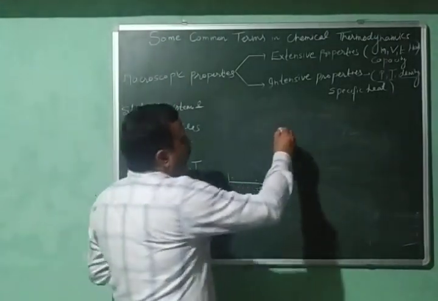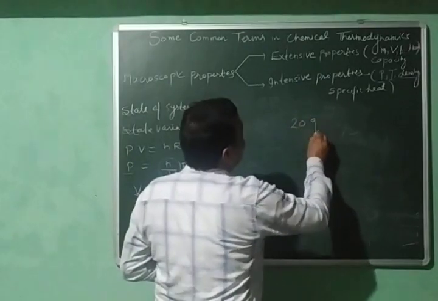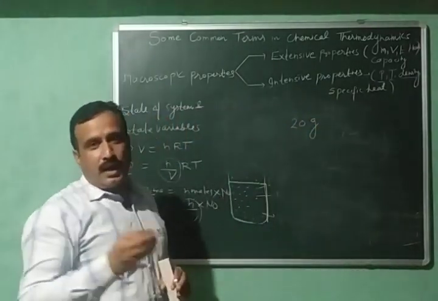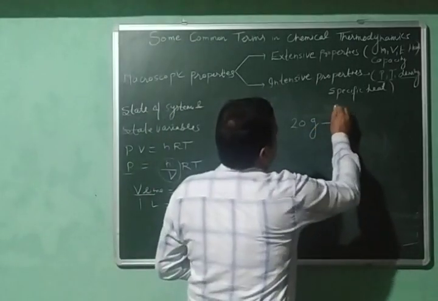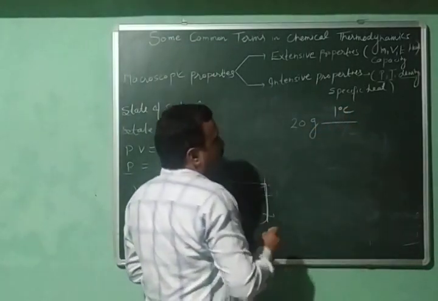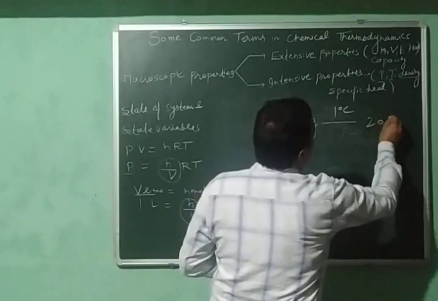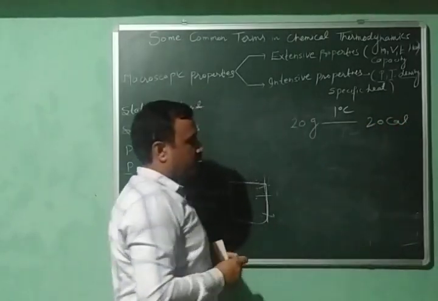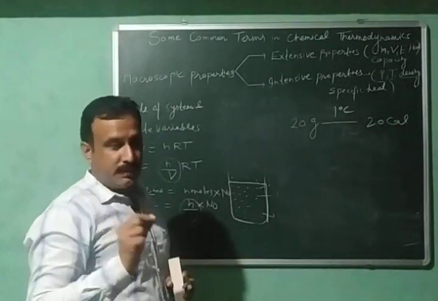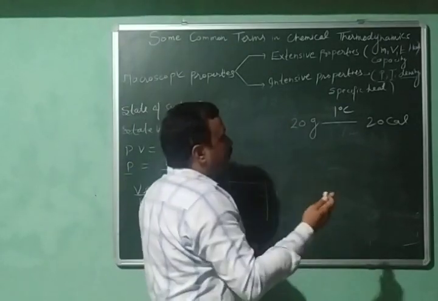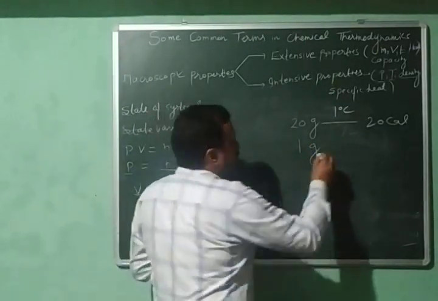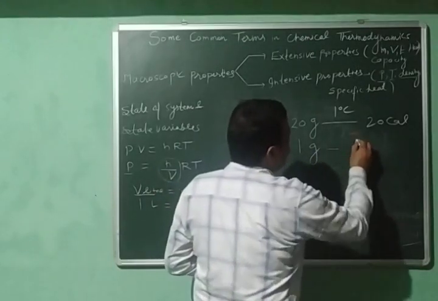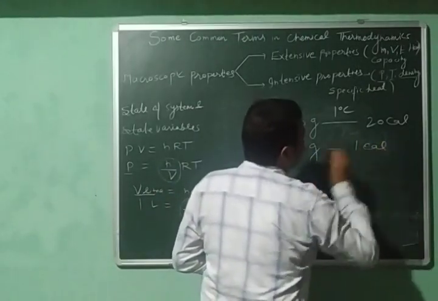Suppose again I have 20 gram of water and I want to increase its temperature through 1 degree Celsius, and I require 20 calorie heat. Understanding? So what is the amount of heat required to raise the temperature of 1 gram of water? 20 divided by 20, that is 1 calorie.